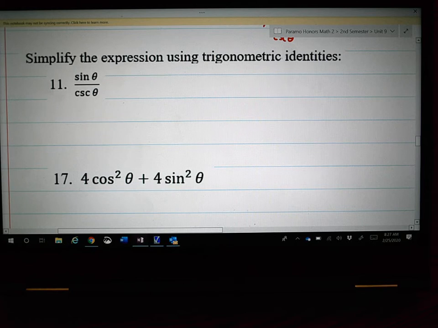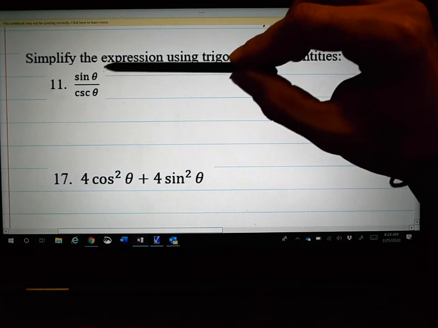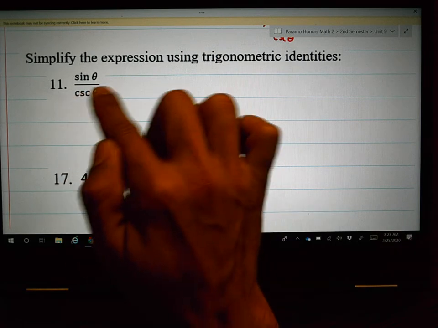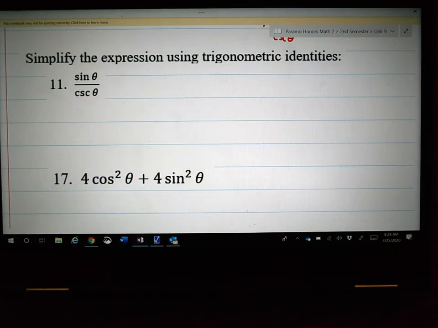Simplify the expression using trig identities. Sine of theta divided by cosecant of theta can be simplified. You have 2 separate trig functions. I want you to change the cosecant of theta into what you know it's equal to, and then instead of dividing by that fraction, multiply by the reciprocal, and then simplify it.